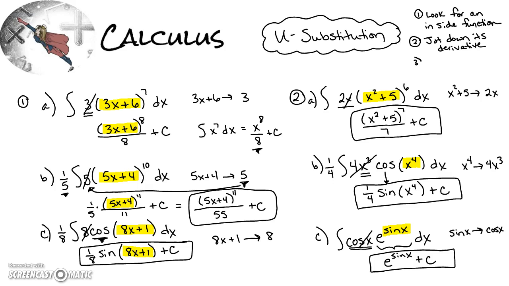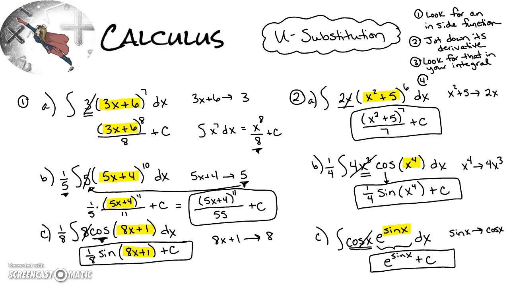Number 3, look for that in your integral. And for right now, it'll be sitting there somewhere, except for maybe a constant. So that's all right if there's a constant missing.